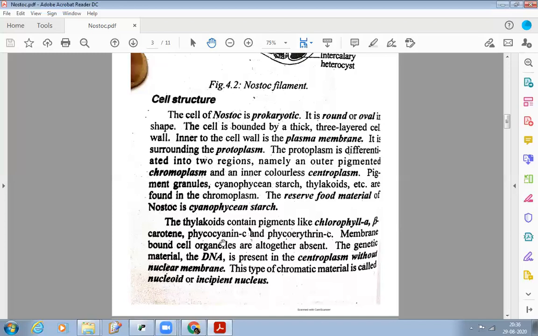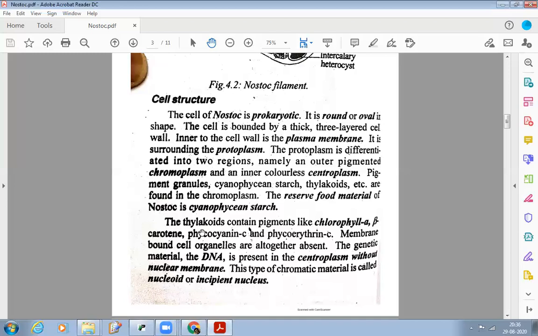Moreover, the thylakoids are actually part of the chloroplast, the cell organelle, right? The thylakoids are single membraned structures generally seen in the chloroplast. Whereas here in Nostoc, the thylakoids are not in a chloroplast; they are simply lying in the cytoplasm.